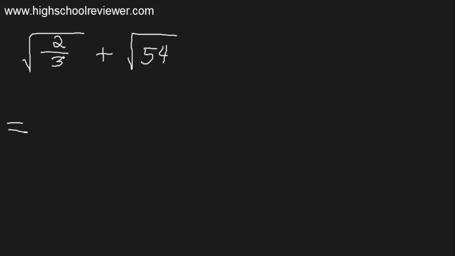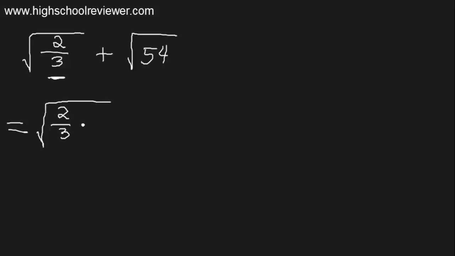Our next problem, we have the square root of 2 over 3 plus the square root of 54. So to do this, we will first simplify the radicand with the fractional part. So we have the square root of 2 over 3.